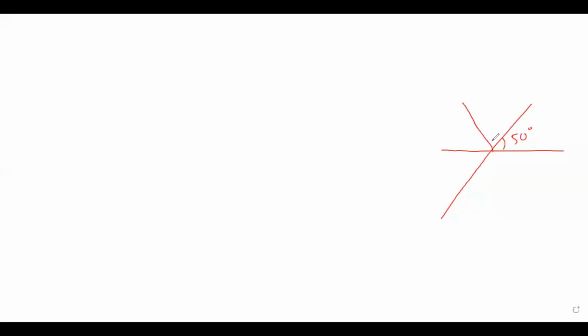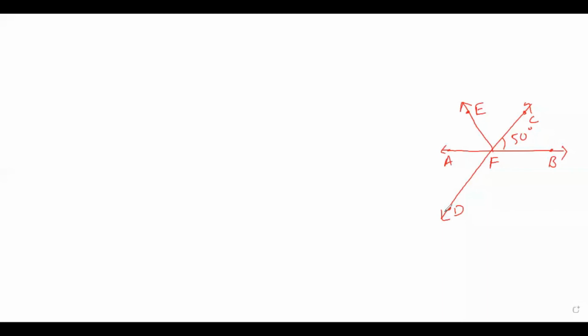You have to find angle EFC. So let us give the point names. This is A, this is F, this is B. Okay, this one is C, this one is E, and this one is D.